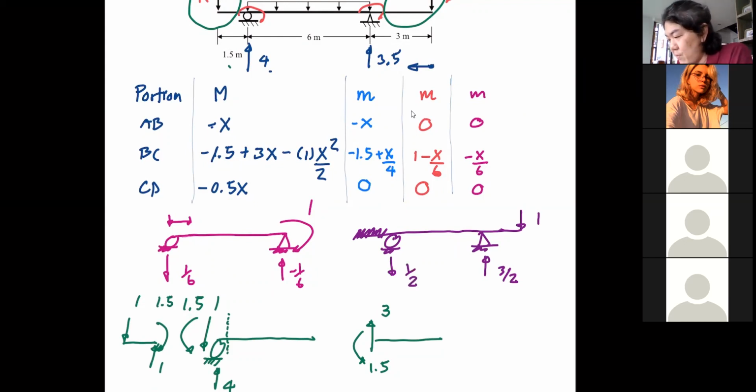And again, be mindful that you need to write the moment equation from here and from there. Here is 0. There is minus 0.5 multiplied by x. And here it becomes minus x. Right? Is there any question?